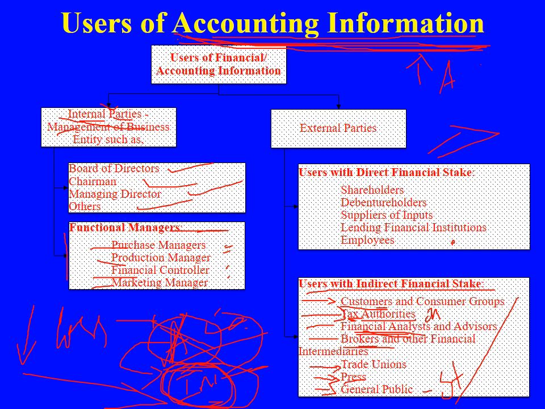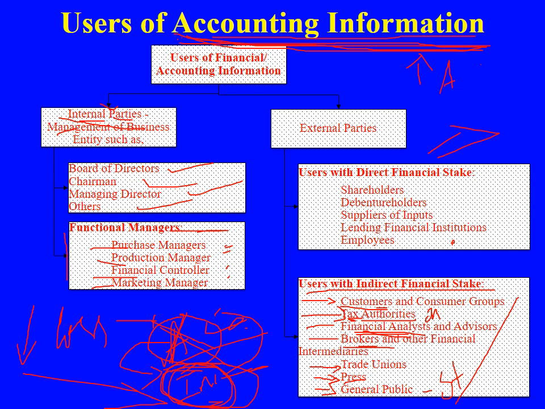Next, suppliers of input. Suppliers of input means the creditors; inputs means raw materials. In order to take up production activity, obviously the inputs are very much essential. Without raw material you can't even produce the goods. Such inputs will be supplied by the suppliers on a credit basis.